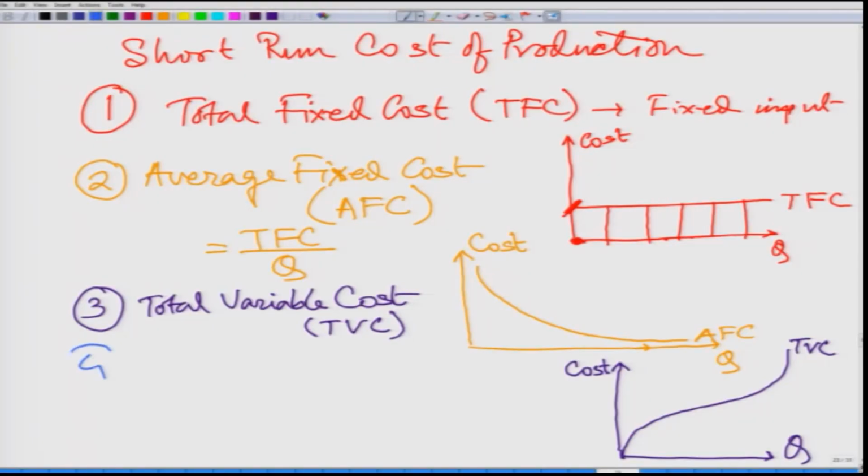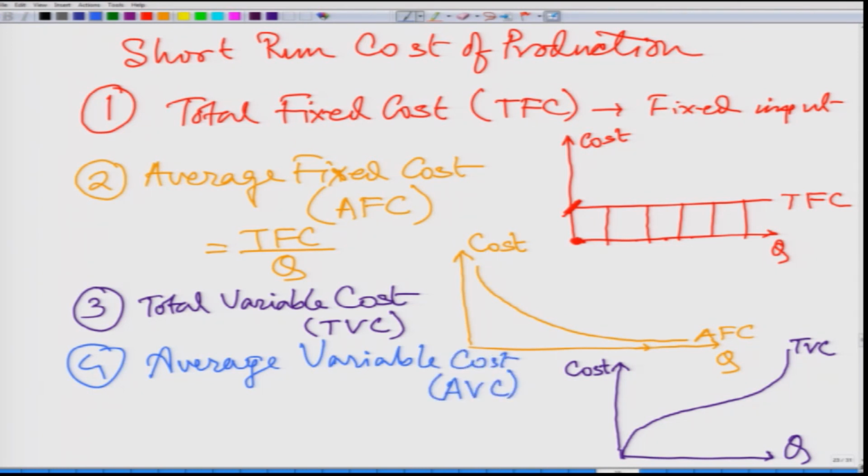The average variable cost is the total variable cost divided by the quantity, the output, and it can be shown as an inverted U-shaped curve. This is my quantity, this is my average variable cost, this is my cost.